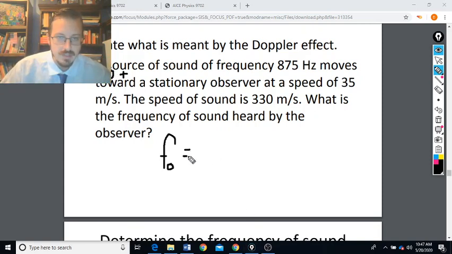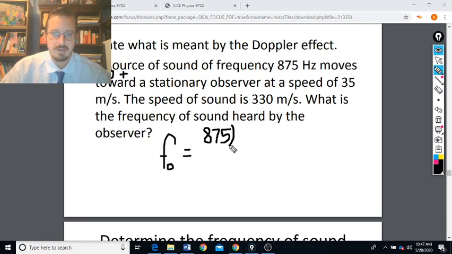So the frequency observed is equal to the frequency of the source, which they tell us is 875 hertz. Now, because all the units are already meters per second and hertz, we know that we're going to get a frequency out in hertz. I'm just going to write the numbers in here. So this would be the frequency of the source multiplied by the speed of the wave, because it's a sound wave in air, 330 meters per second.